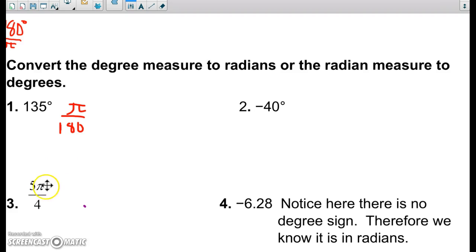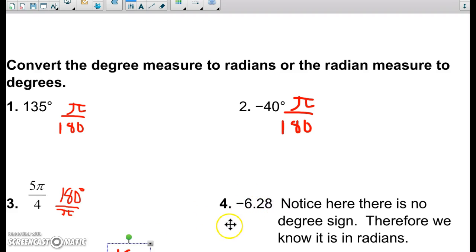When we want to convert radians, and again, I know this is radians because there's no degree sign, I'm going to multiply it by 180 over pi. For degrees, I'm going to multiply it by pi over 180. And for this one, I'm going to multiply it by 180 over pi.